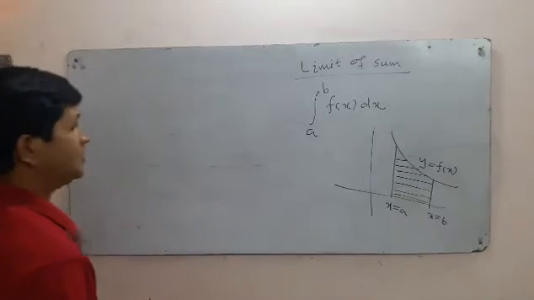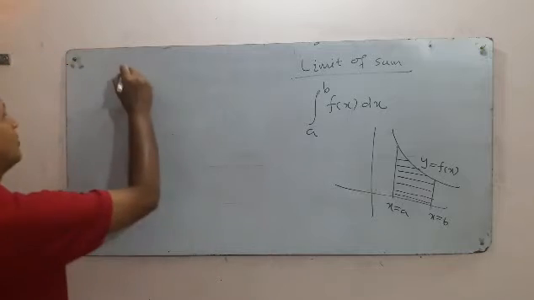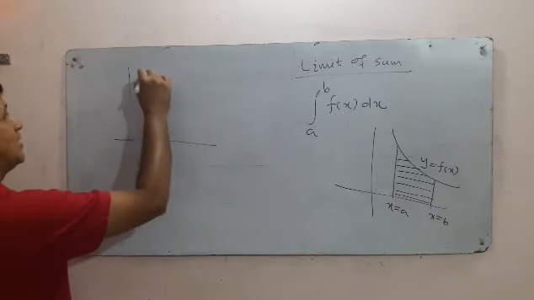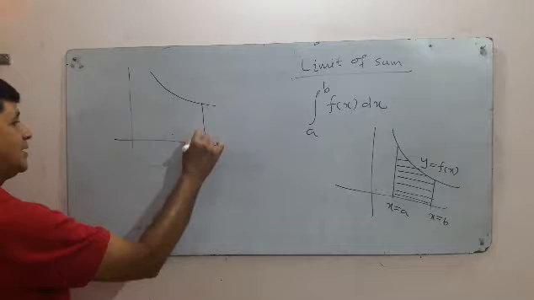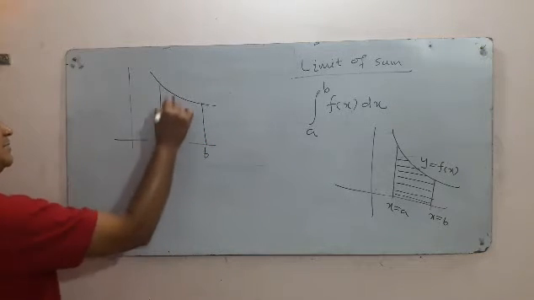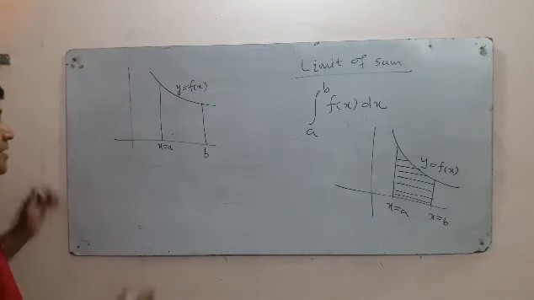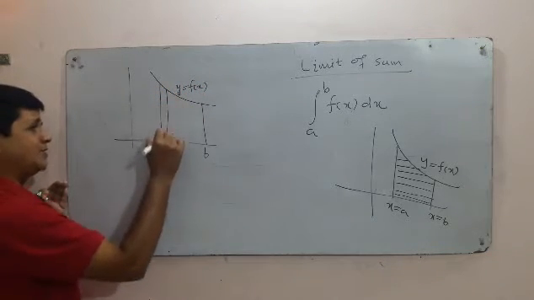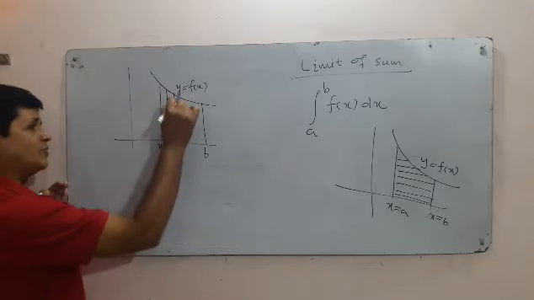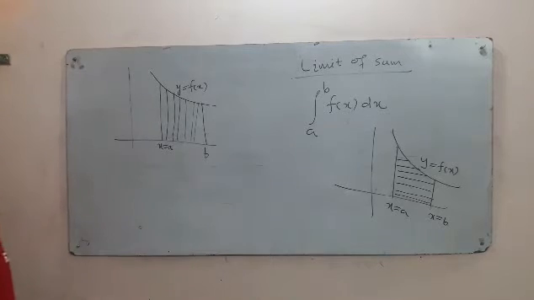Next, we are using limit of sum. What is limit of sum? Look at, I am drawing another curve. This is x is equal to b, this is x is equal to a, and this is y is equal to f of x, right? We break it into some smaller intervals.